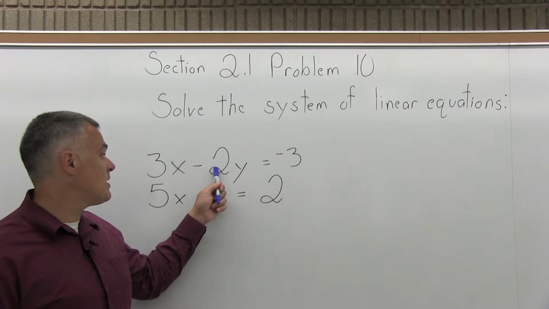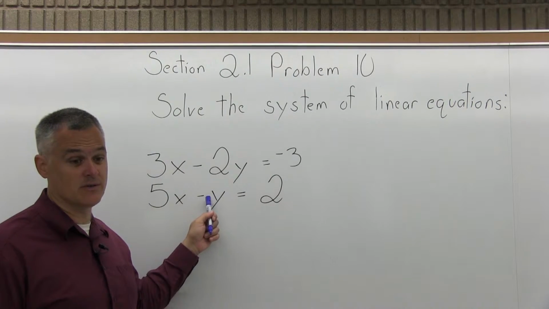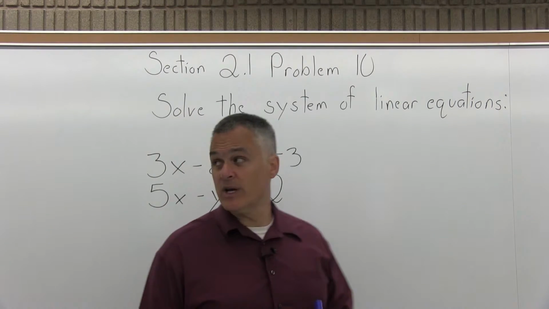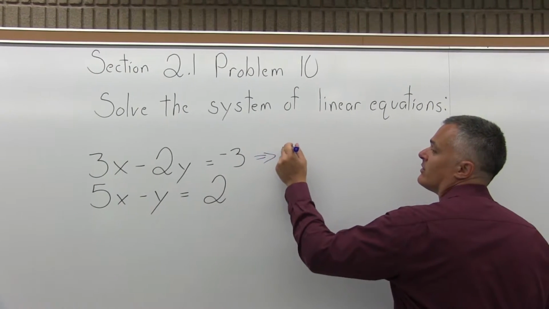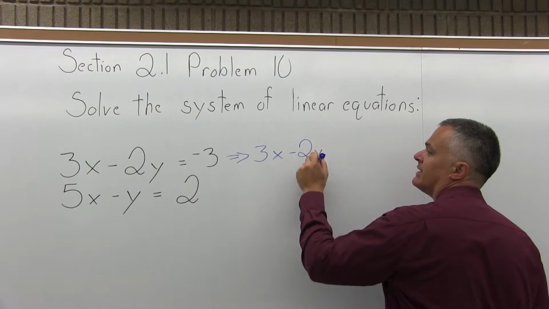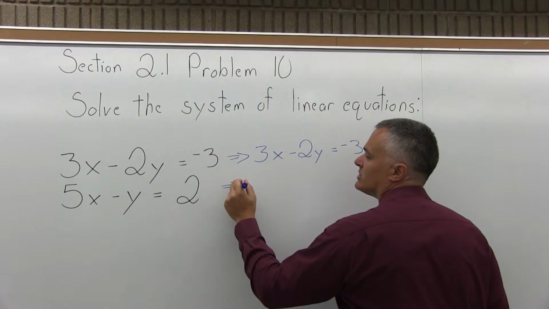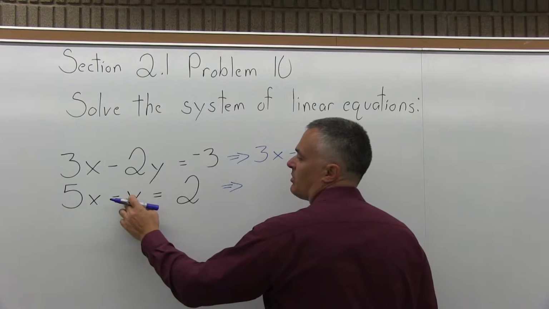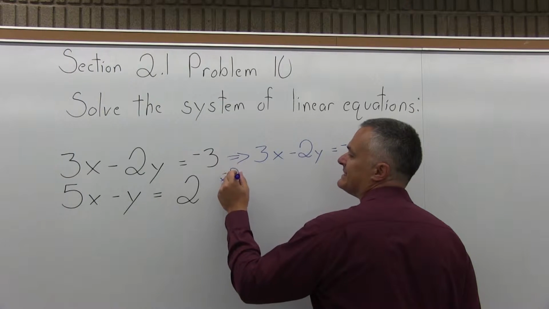I'll leave the top equation with a negative 2y, and I'll make the bottom one turn into a positive 2y. So the top equation can stay: 3x minus 2y equals negative 3. Now the bottom equation, in order to make this into a positive 2y, I have to multiply by negative 2.